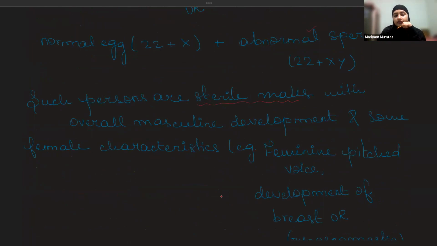Then, they would have overall masculine development, meaning they would look like a male, but they would also have certain female characters because an extra X chromosome is there. That extra X chromosome will confer certain female characteristics, such as a feminine pitched voice.